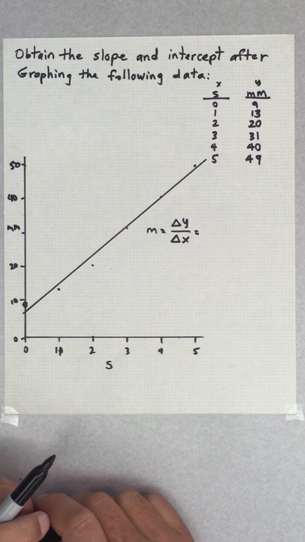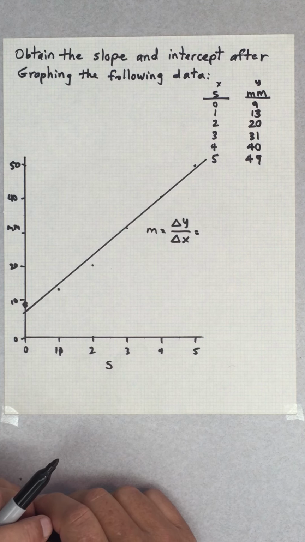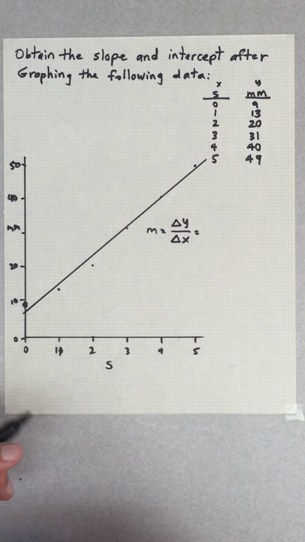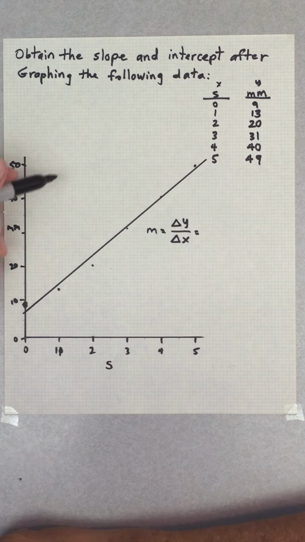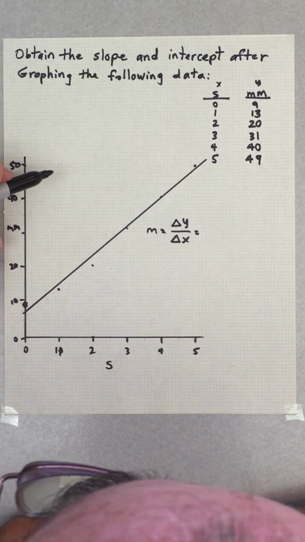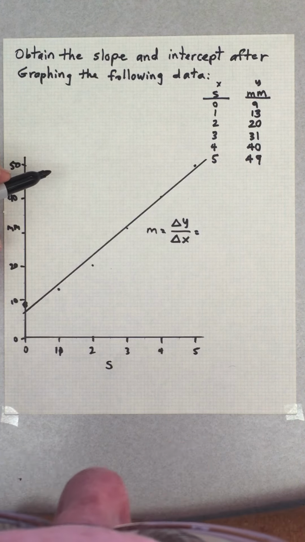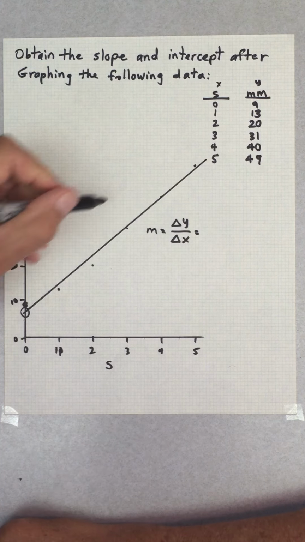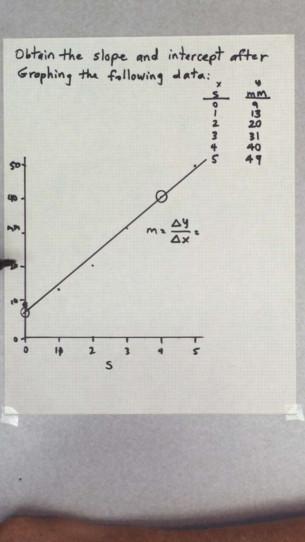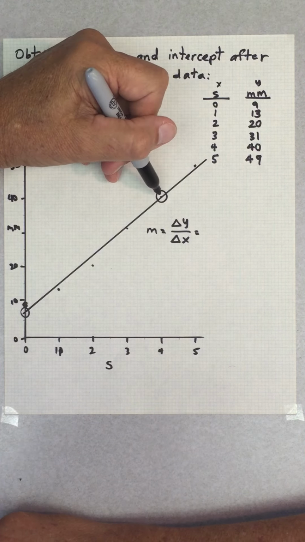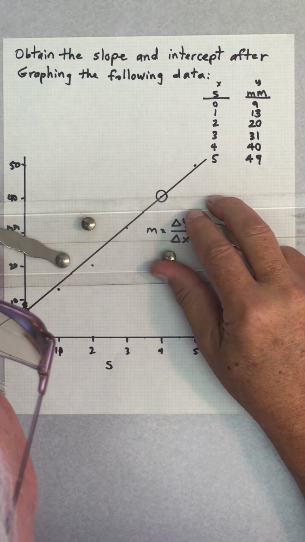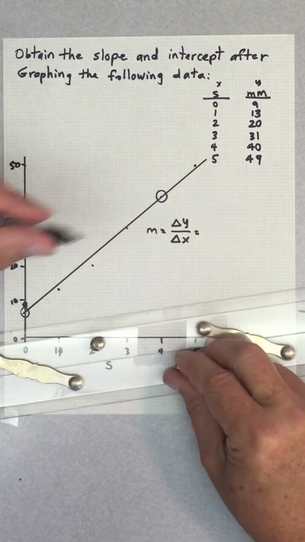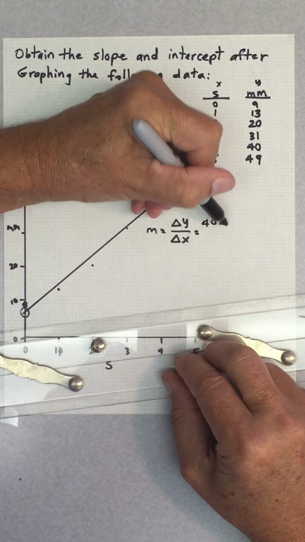So I need to take 2 data points to calculate this. So probably I'll take, let's see, where's one that's fairly close to the line. Hard to say. Well, I'll just take this one and this one, okay? So at 4, I'm getting pretty close to 40. So that's 40.